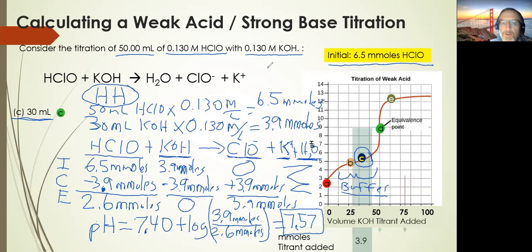I'm justified in doing that, because although I could convert, what I would have found, and you can demonstrate this yourself, is that the volume that you would divide each of those millimoles by would completely cancel out. So I'm perfectly accurate in just using millimoles here, and that's why for these titrations I like to use millimoles. It saves me a step.